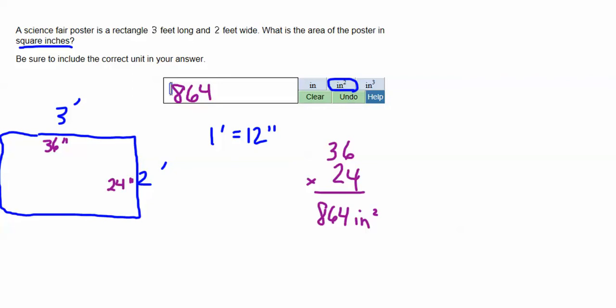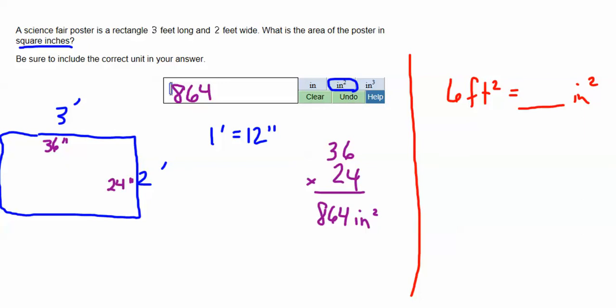If you wanted to solve it the other way that we discussed before, you would multiply base times height in feet, which would give you 6 square feet. And then you need to convert that into square inches. If we're just going feet to inches in the singular dimension, 1 foot is 12 inches.